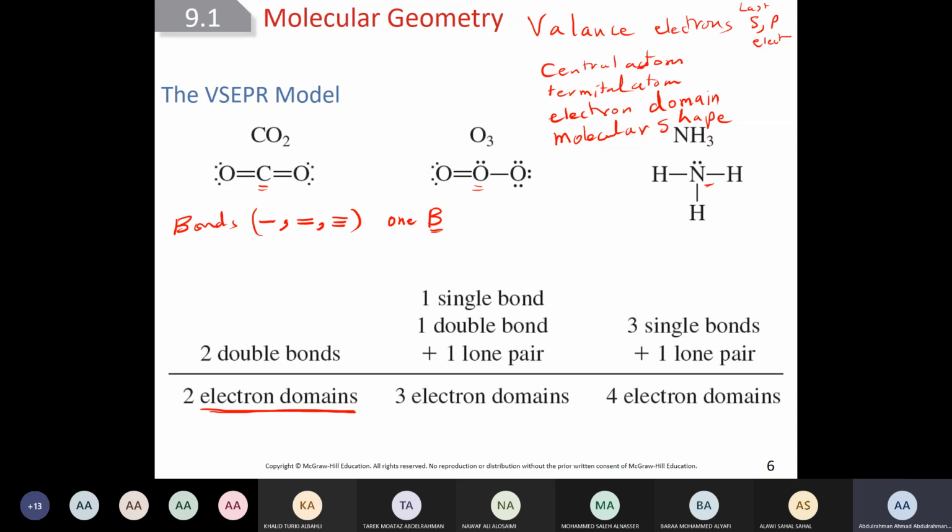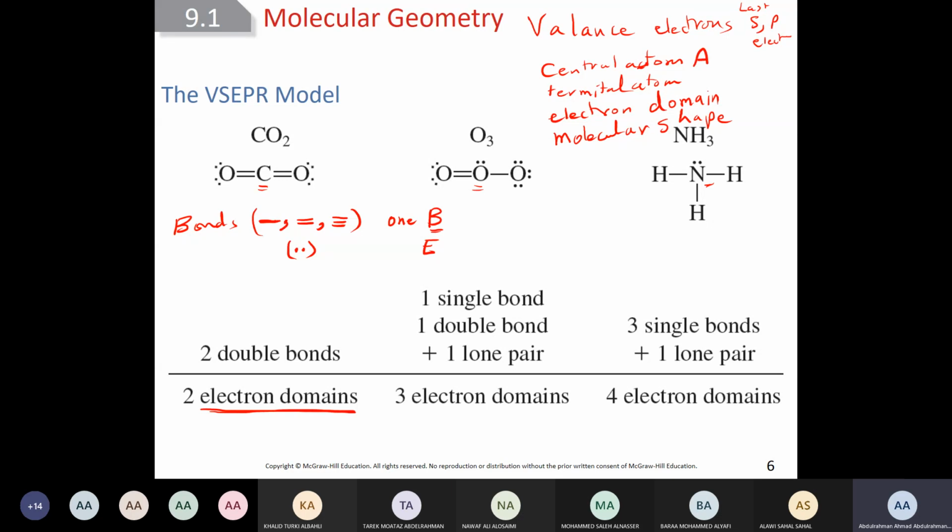Whether it is a single bond, double bond, or triple bond, it will be B1. And when I have an electron pair like this, I'll call it E. Each electron pair will be called E. And I will call the central atom from now on A.